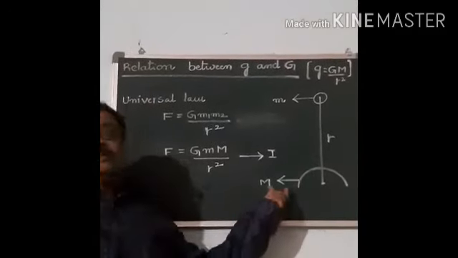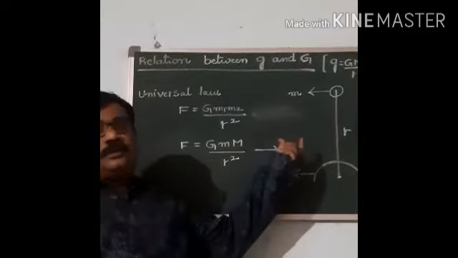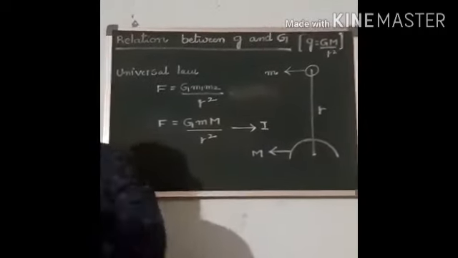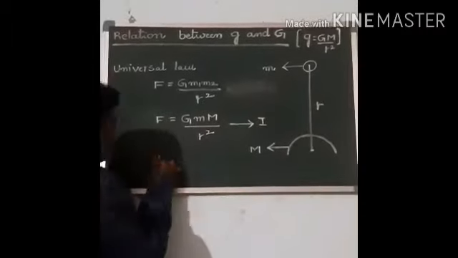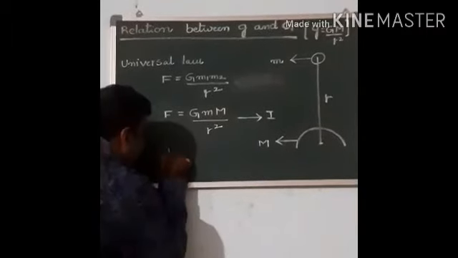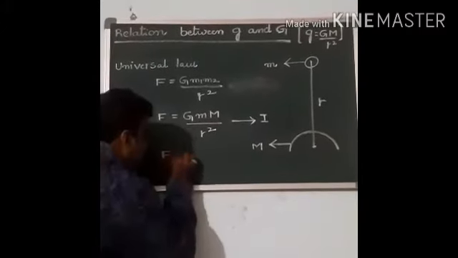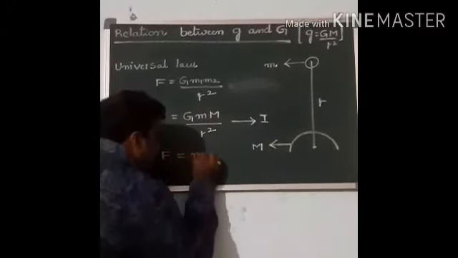We all know that earth attracts all objects with some force. According to Newton's second law, what does Newton's second law explain? F equal to ma, the force equation.